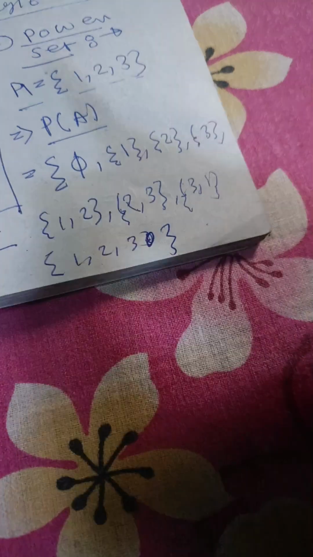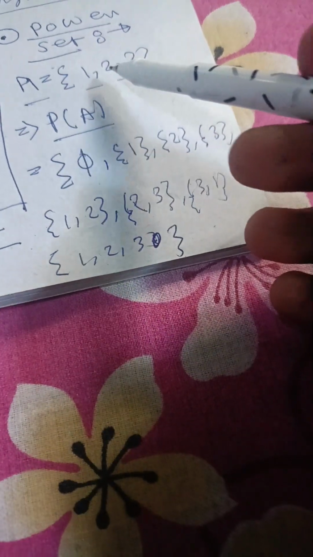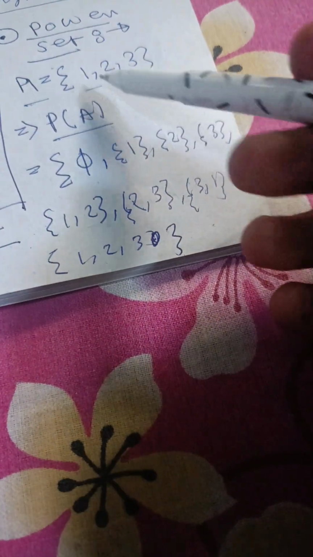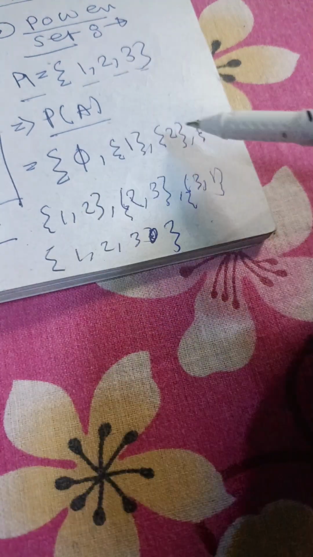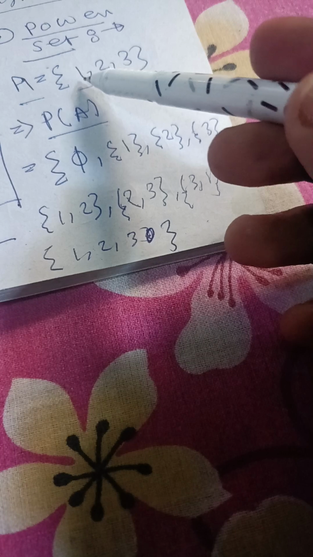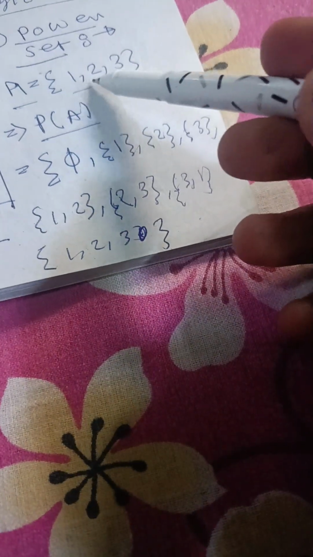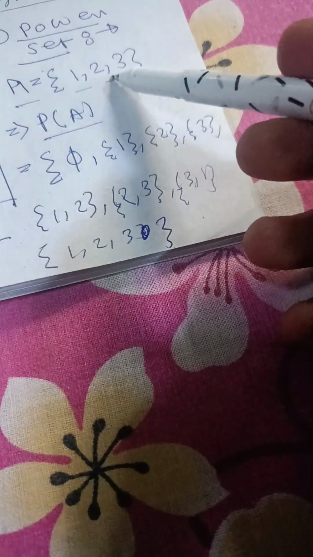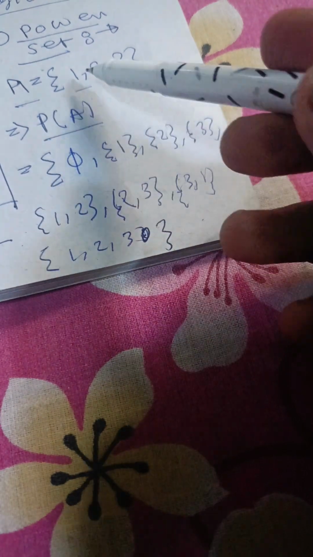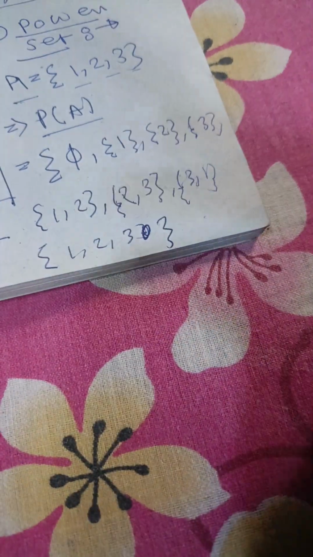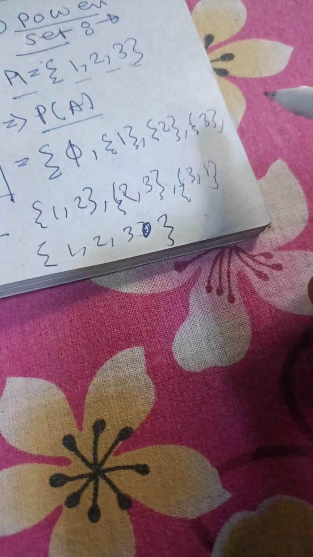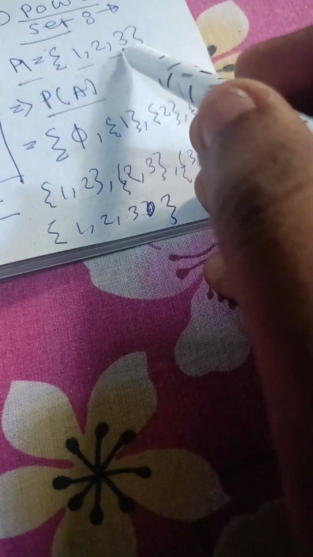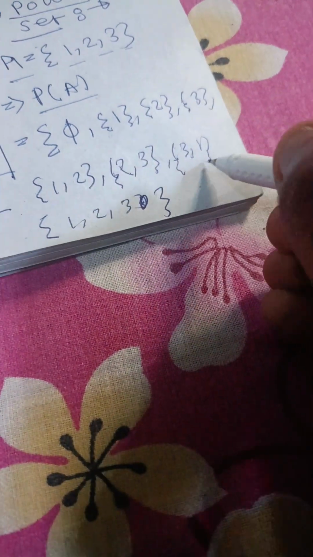Now there is A. In A there is 1. So if we take the combination, we take 1, 2, 3, all the elements are taken care of. Then there is 1 and 2. If we take combinations, 1 and 2, 2 and 3, because that is a combination, right? Then there is 3 and 1.